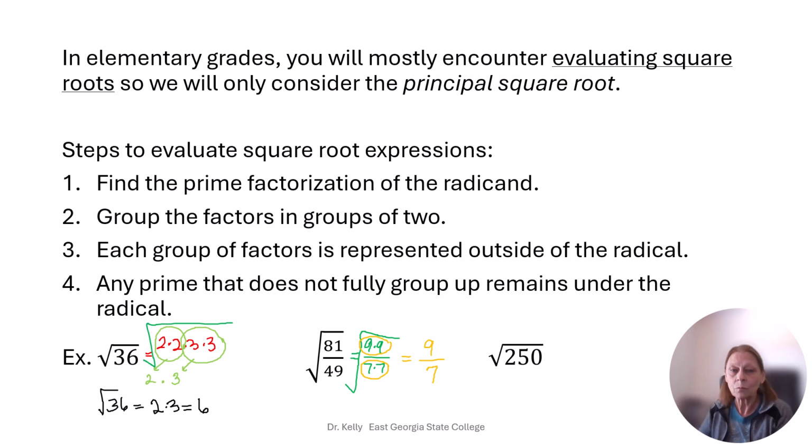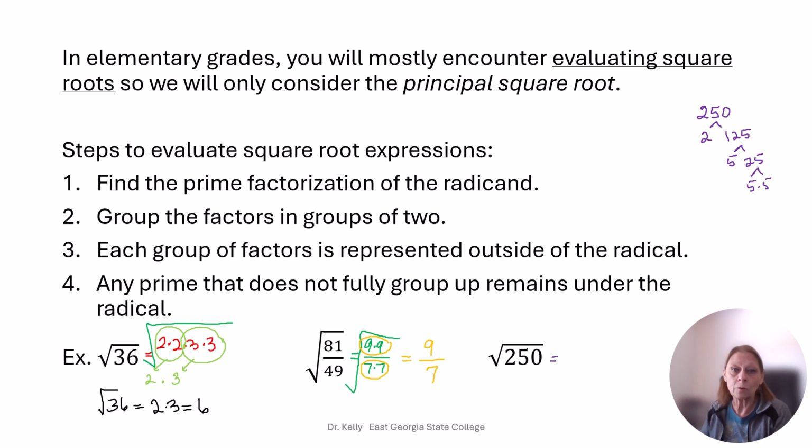250. Let's break down 250 because it's not a squared number, and I know that. The 250 could be 2 and 125, and 125 is 5 times 25, and 25 is 5 times 5.